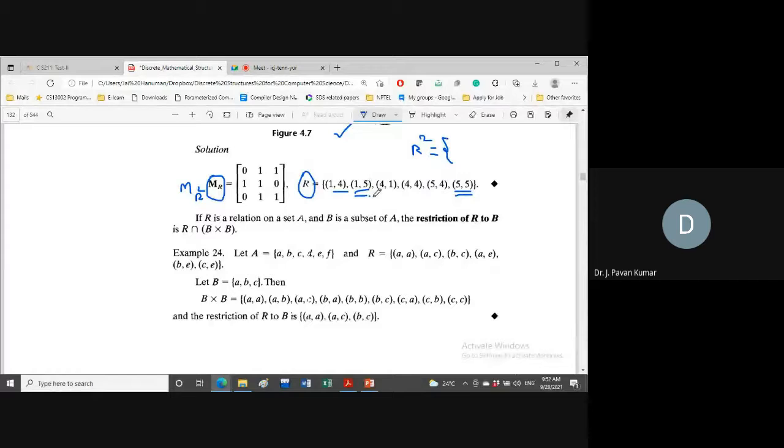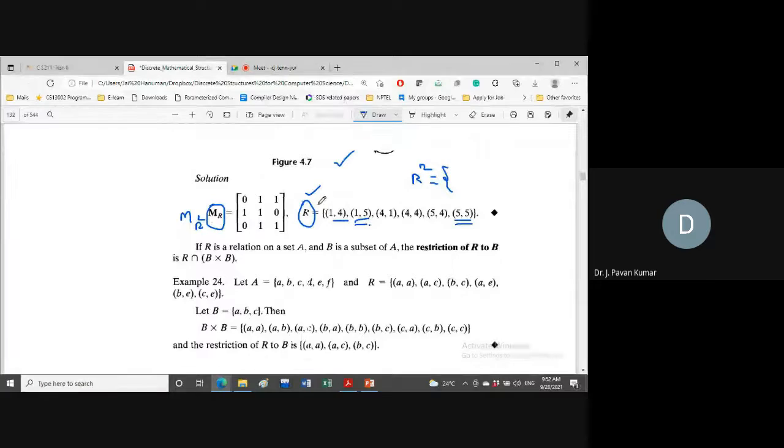And can we write 1 comma 1 as part of R2? 1 comma 1. What's the sequence? 1 to 1 is not part of R, right?